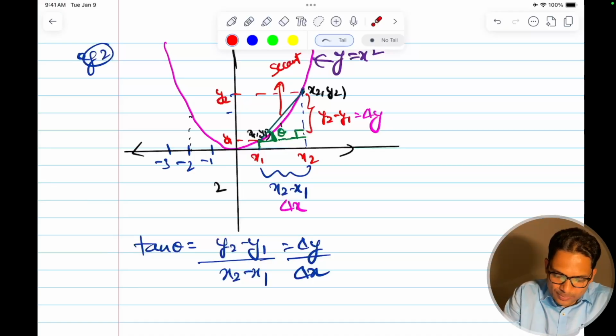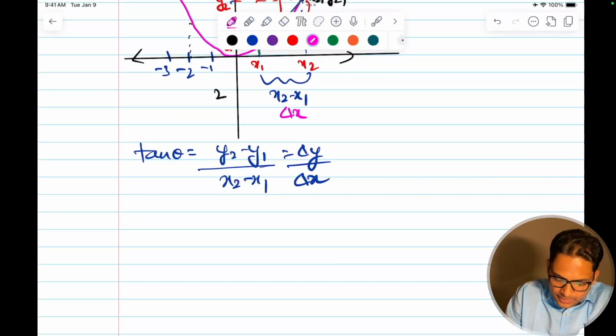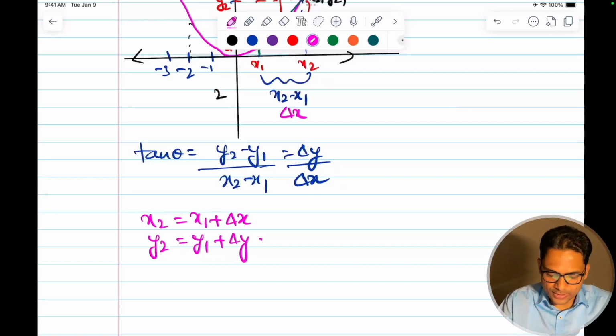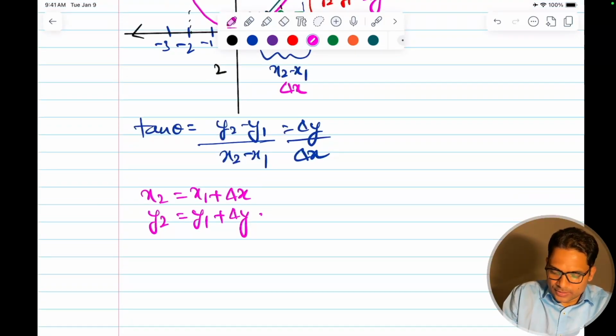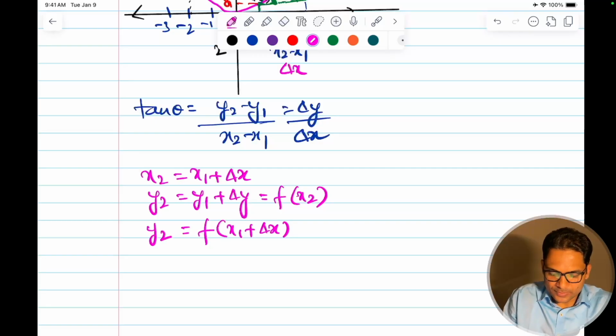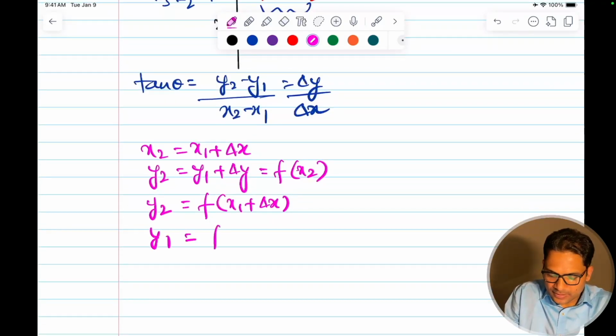So x2 can be written as x1 plus delta x, and y2 can be written as y1 plus delta y, right? We have the function also, and y2 is equal to f of x2, or we can say this is equal to f of x1 plus delta x, and y1 is f of x1.